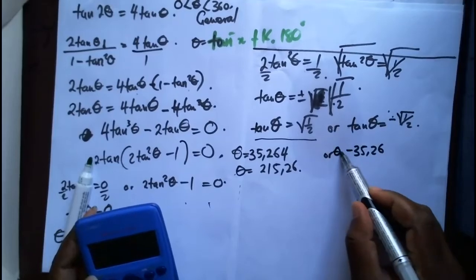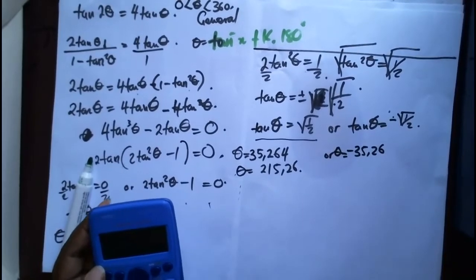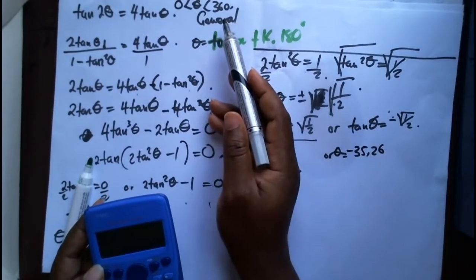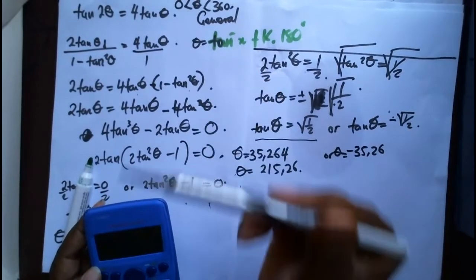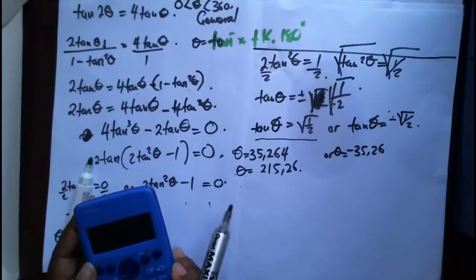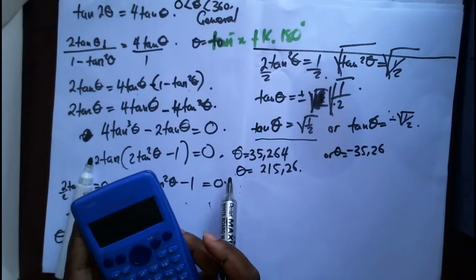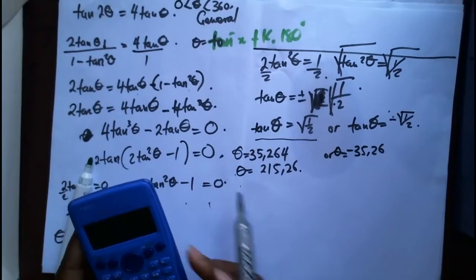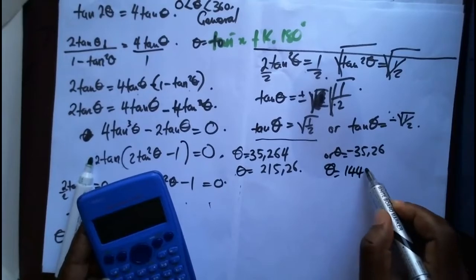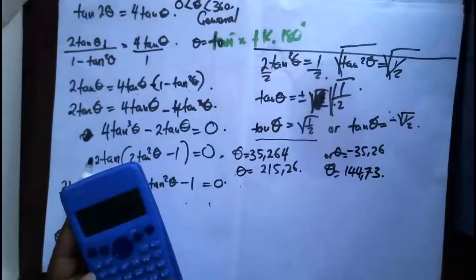But this is not within range, because the range is supposed to be between 0 and 360. So what do I do? I add 180. So plus 180, I get theta is equal to 144.73. Then I add another 180 because this is within range.